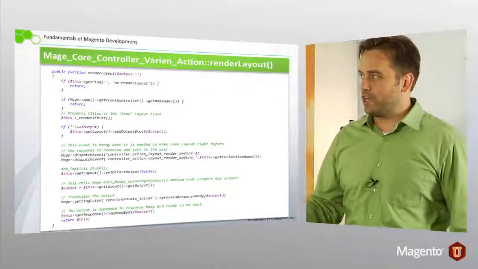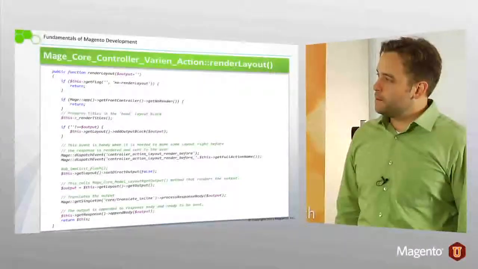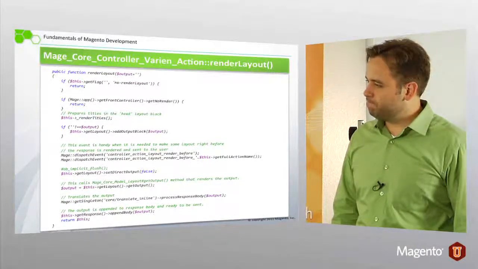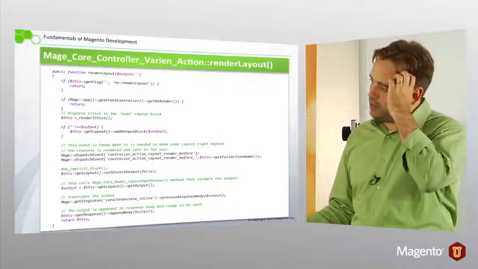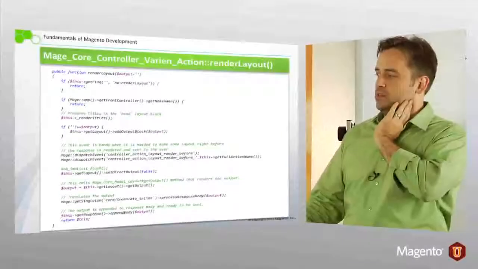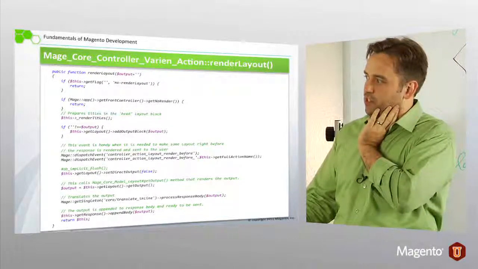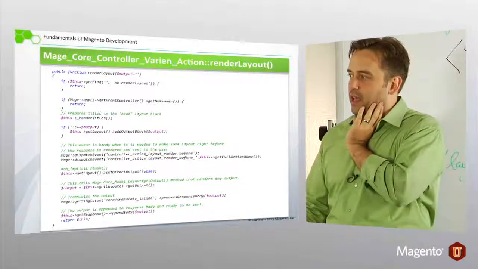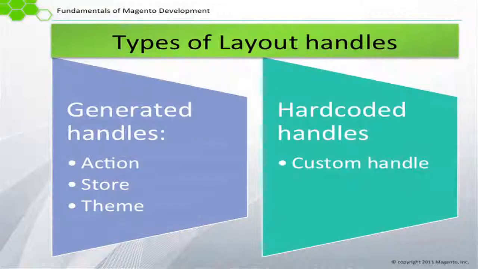This would be controller_action_layout_render_before_catalog_product_view. All right? And down here, translations are happening. And okay, this is probably the most important part: getResponse, appendBody. Here we've just assembled our output, and it's a string. We attach it to the body and get ready to send it to the browser.